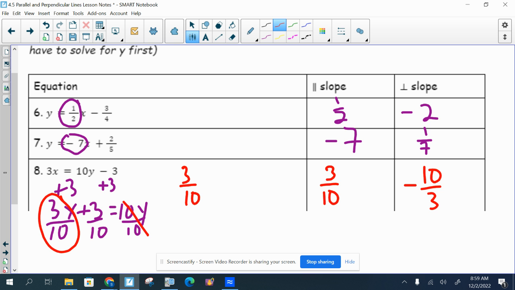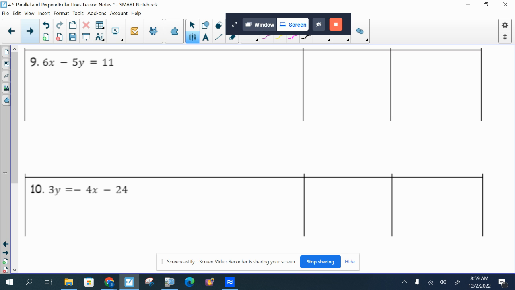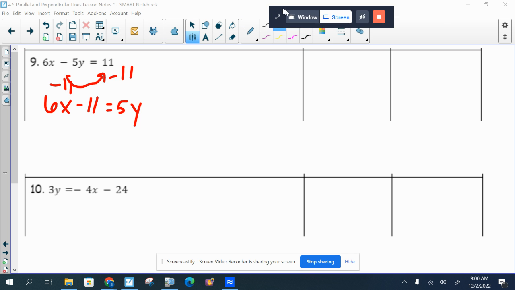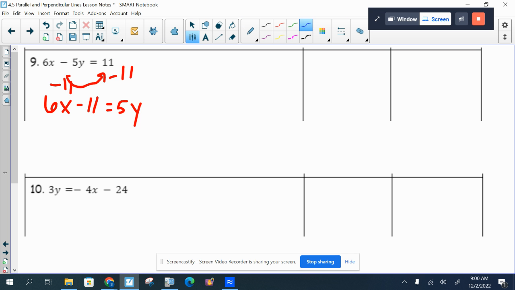All right, number 9. Let's rearrange to get y by itself. So you could subtract 6x over, but to keep the y positive, you could add the 5y over and then subtract the 11 over. So you could get 6x minus 11 equals 5y. And then divide everything by 5.